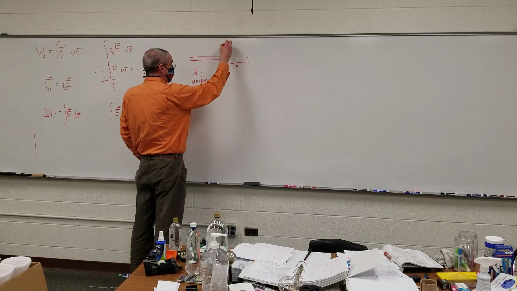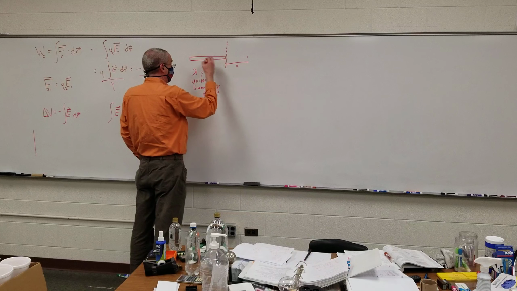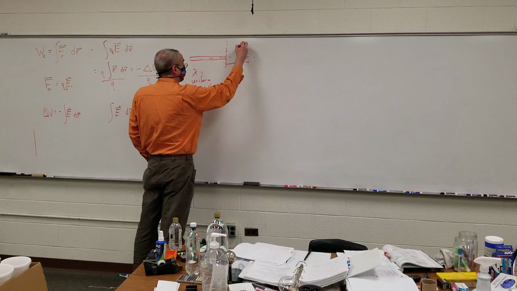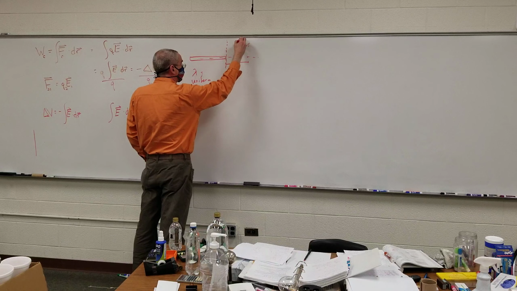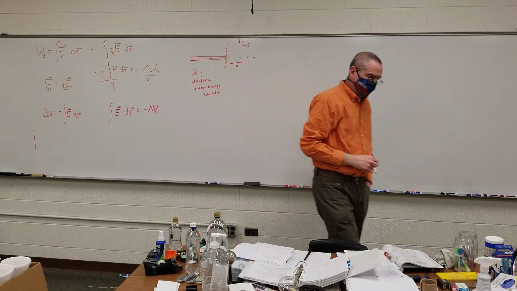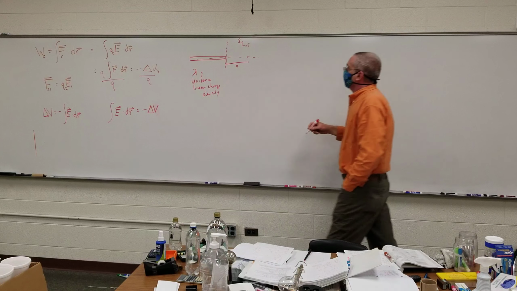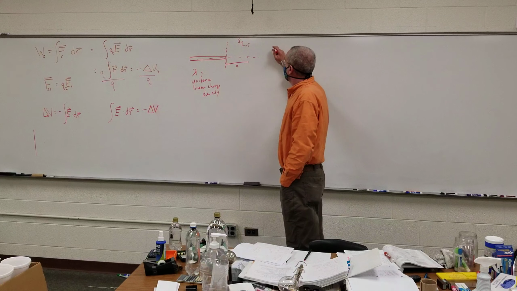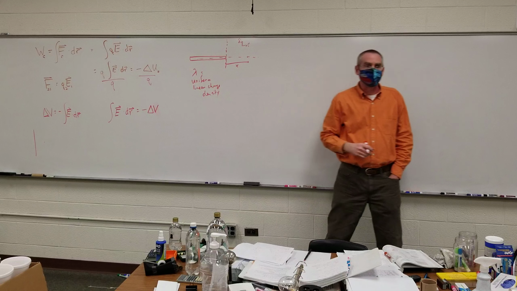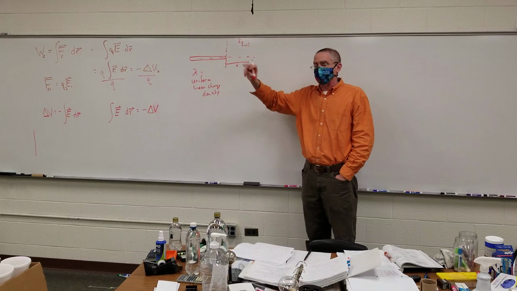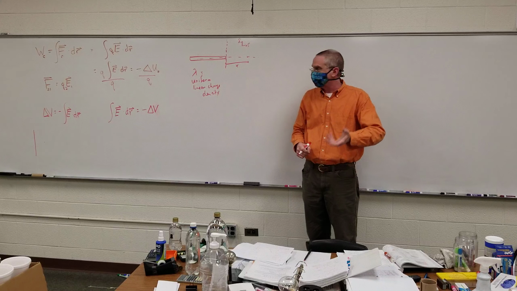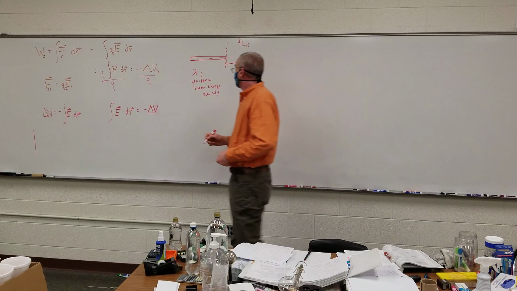I'm gonna set up some coordinate system here, i hat, j hat. All right, so the electric field. Well, with either of them, whenever I have a charge distribution, I should not treat this like a point charge and plug straight into kQ over r squared.